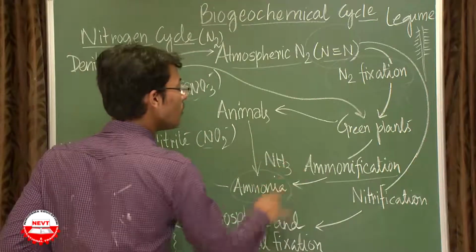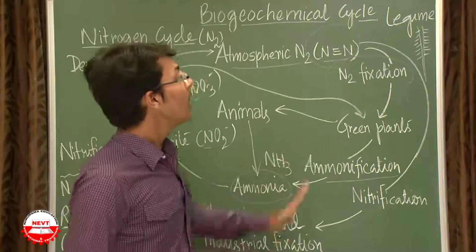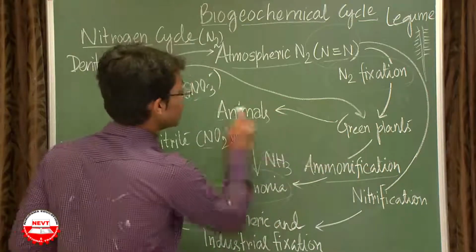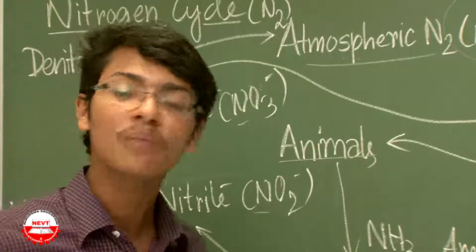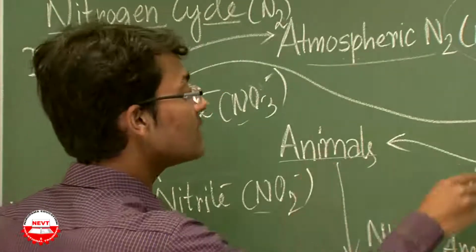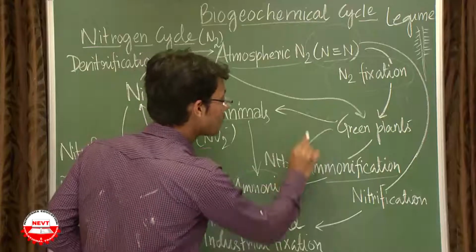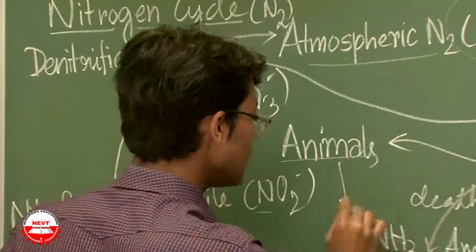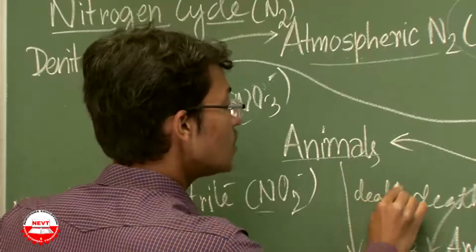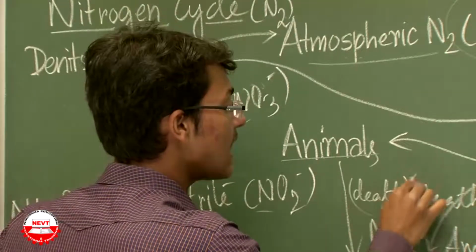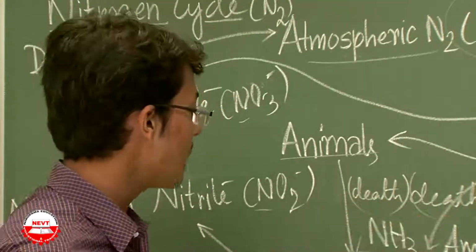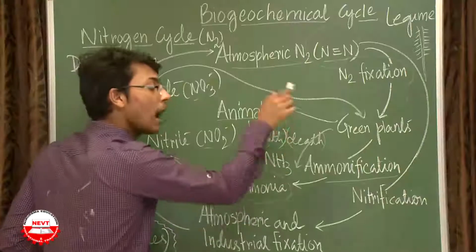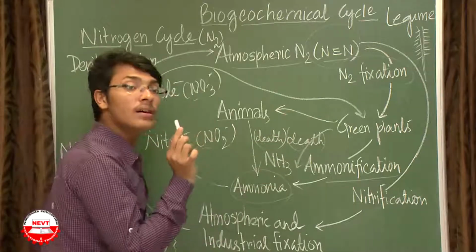In the meantime, these green plants are being consumed by animals. So after the death of these animals as well as after the death of the plants, we are again getting back ammonia to the soil.